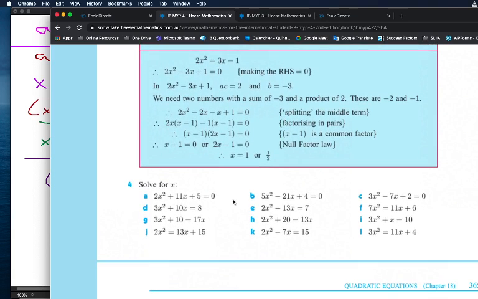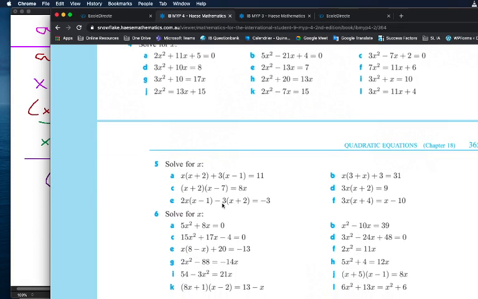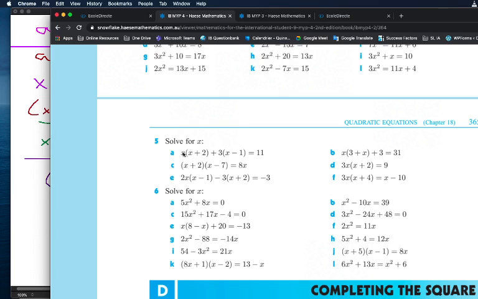And once again, we have even more difficult ones, but try the easier ones first. And in questions 5 and 6, you have to expand first, and then you have to solve the quadratic equation. And these are getting into now looking at 6 and 7 type questions. So there's your tutorial now for solving quadratic equations.